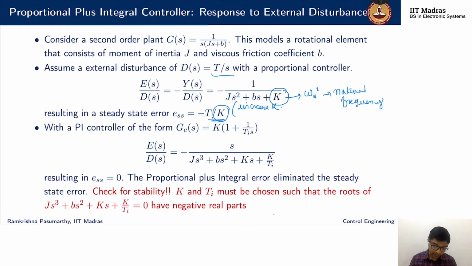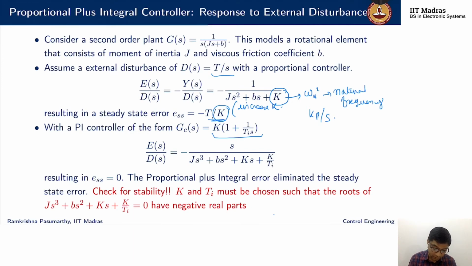Okay, now I do the same thing. Instead of just a controller of the form K, I have now a proportional plus integral control. I'm just writing this controller in the time constant form. It's still the same, nothing I'm committing any kind of notational change. I'm just writing things in the time constant form.